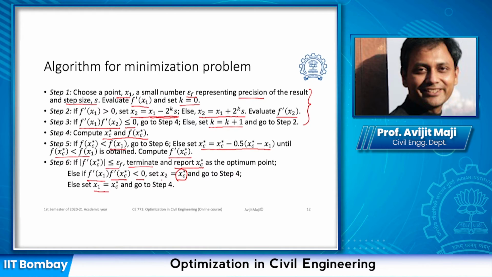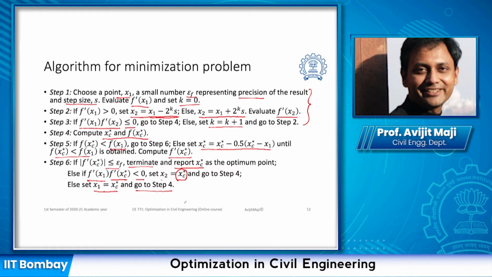So x1 will take up the new point as the new boundary, and then we go to step 4 and the process continues until we reach the termination criteria.